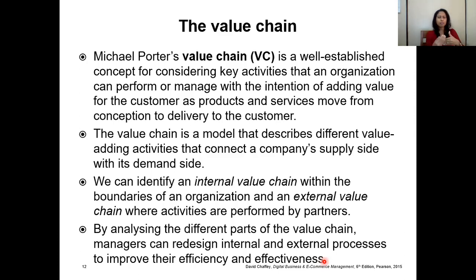And if there are certain delays or inefficiencies with some sort of activities, they can also get an idea about how they are going to improve those processes, or how they are going to streamline those processes in order to make them more efficient and more value adding, right? So that it saves the cost, it saves the time, it saves the wastage of resources from the business point of view, as well as they can deliver better value to the customers as well, right?